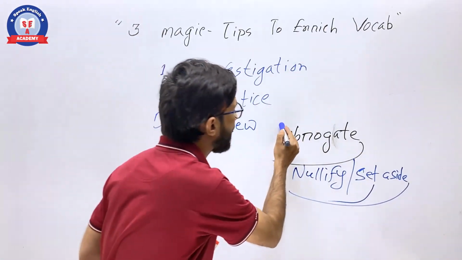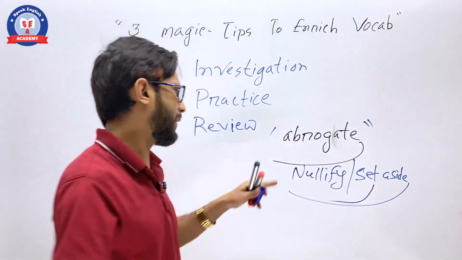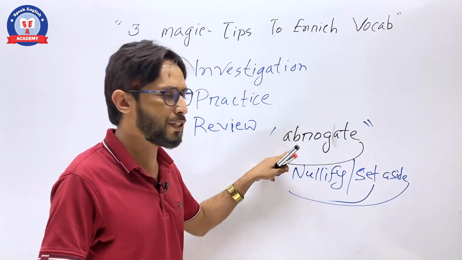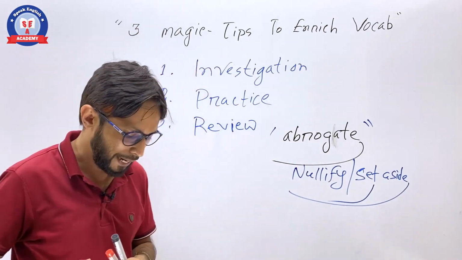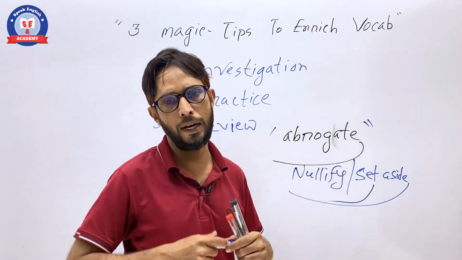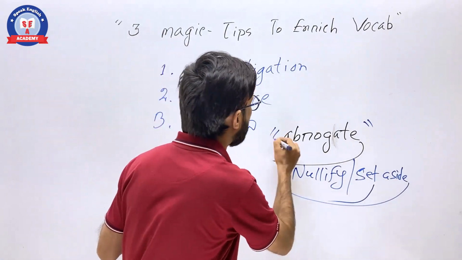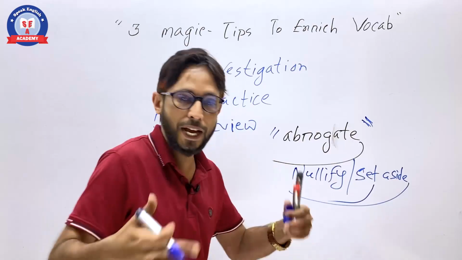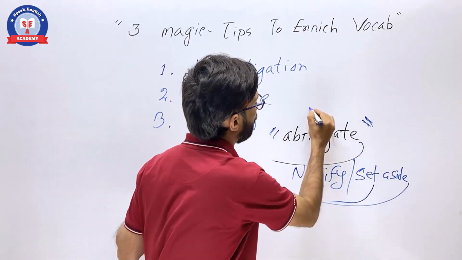Now you have to check the form of this word, whether it is a noun or an adjective or an adverb. You know that a word can be a noun, an adjective, or an adverb. So the word abrogate, if we check it, we will find that abrogate is a verb.